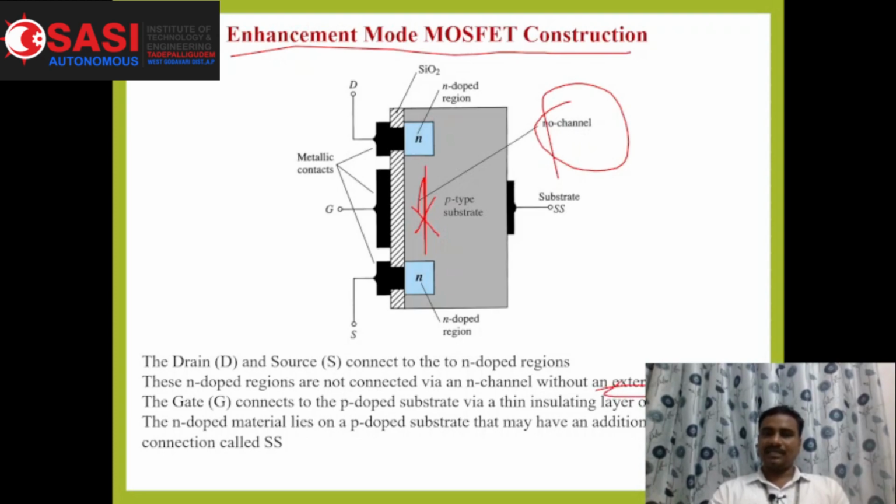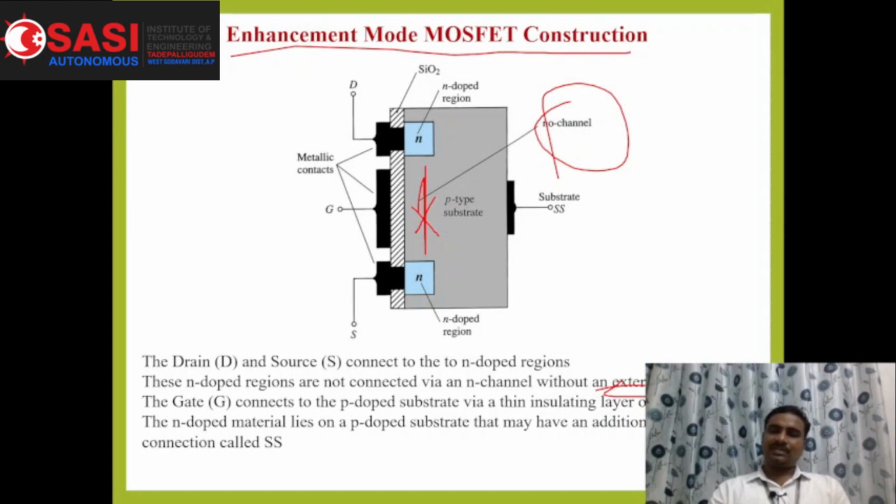So we are not applying any external voltage between the gate and drain. The gate connects to the P-doped substrate via a thin insulating layer of silicon dioxide. The N-doped material lies on the P-doped substrate, and there is an additional terminal called SS.